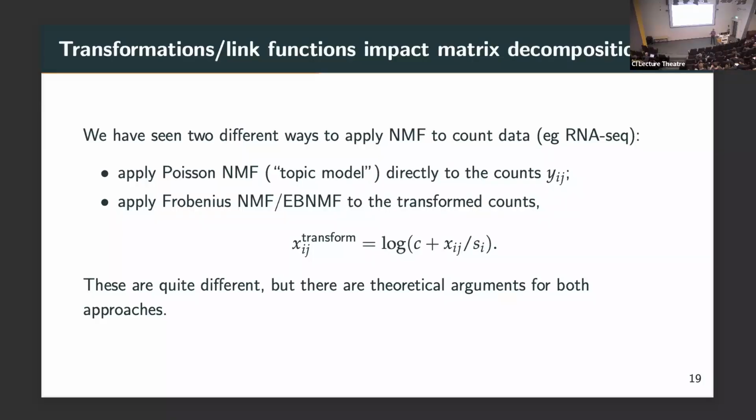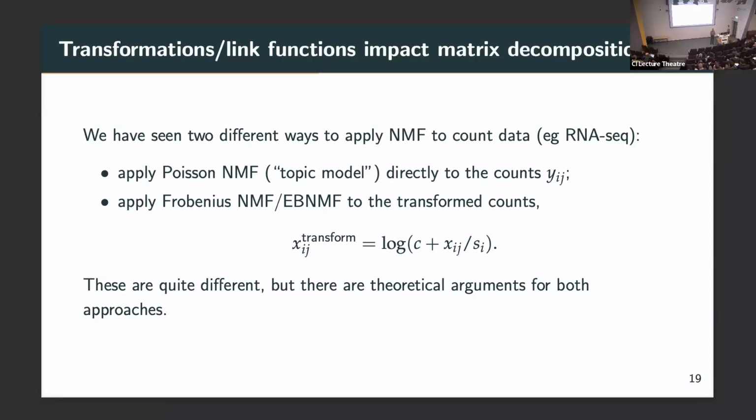When I say theoretical here, what I mean is I'd argue, a priori, Poisson NMF might make sense because these data are counts, and a Poisson is a model for counts, so it feels like a better model. But on the other hand, when we're dealing with gene expression, usually we think that what is relevant to the changes is fold change of gene expression.